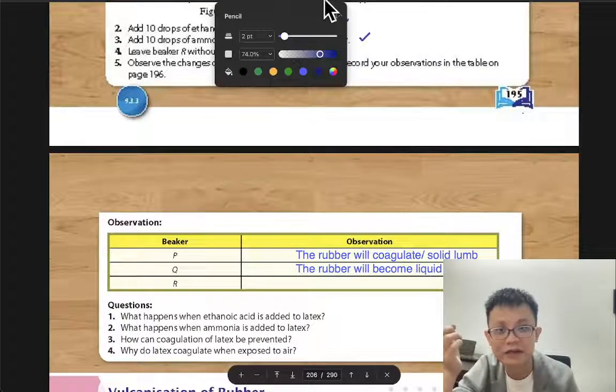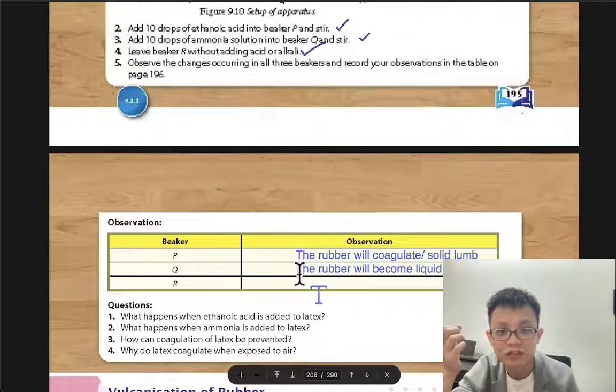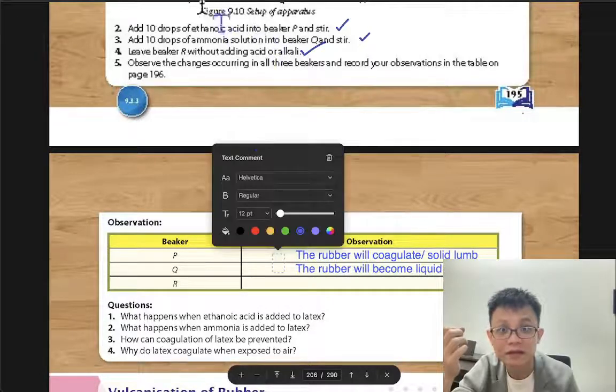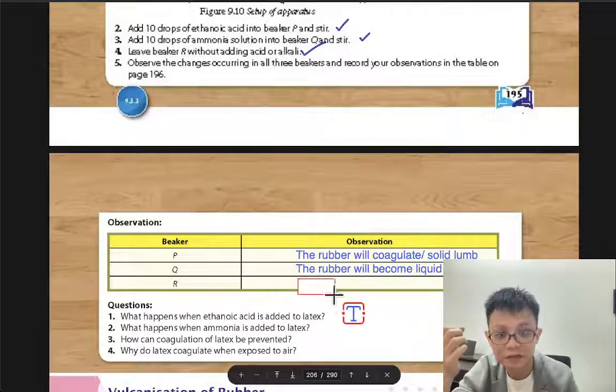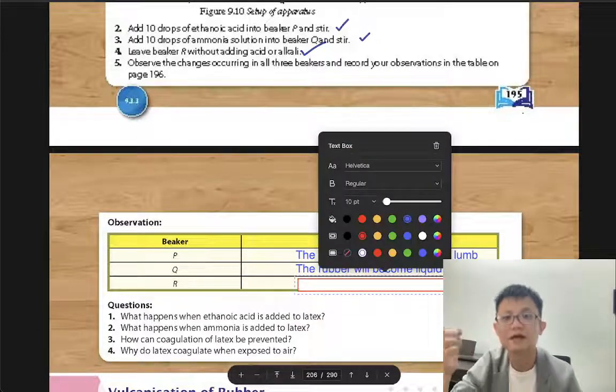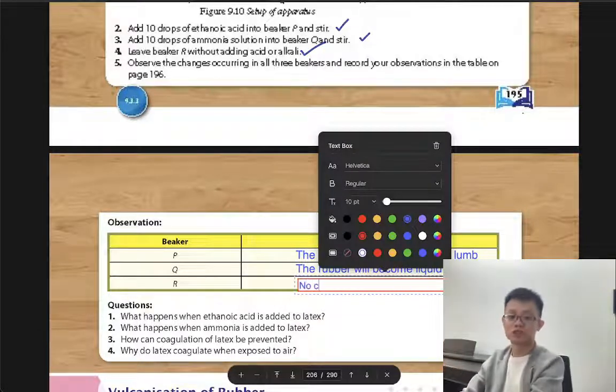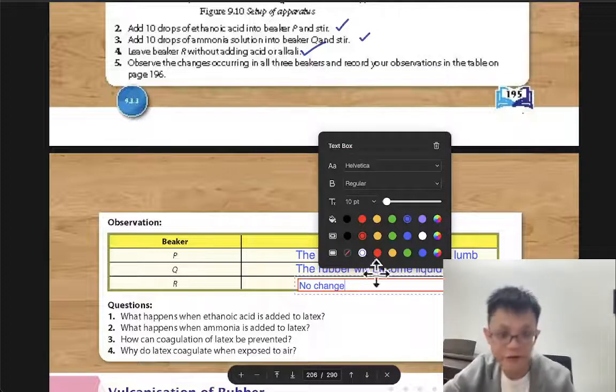So anyway, I think the answer will be no change. Okay, so I write that no change. Probably it will be the constant variable.